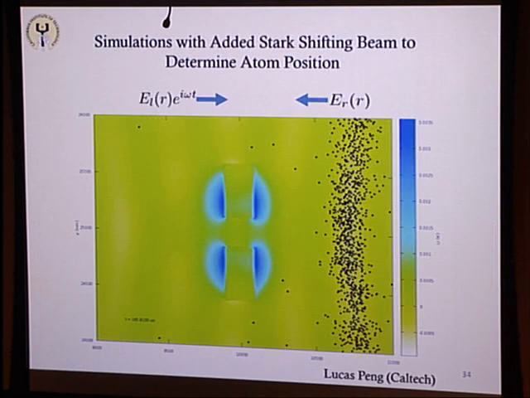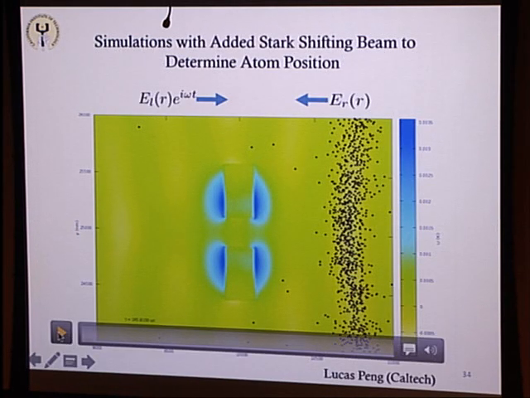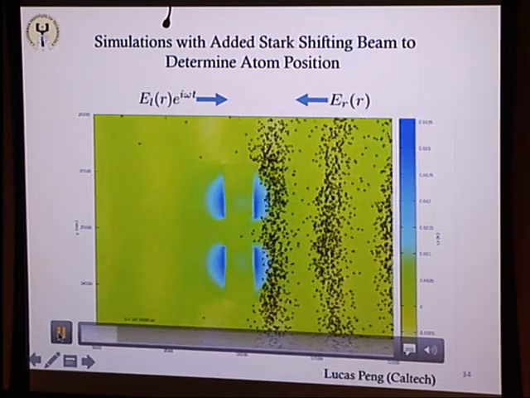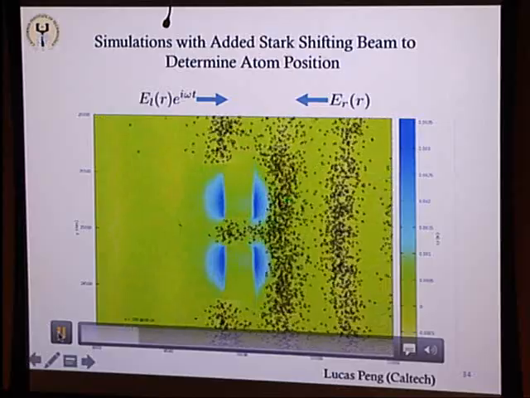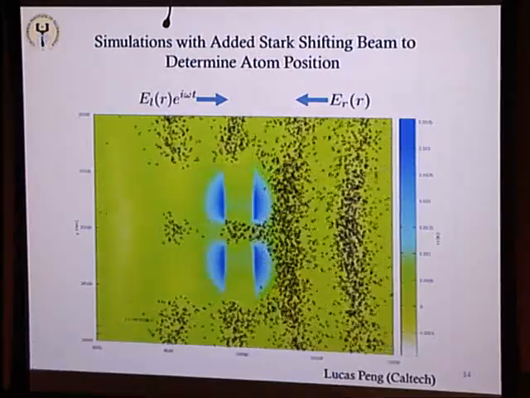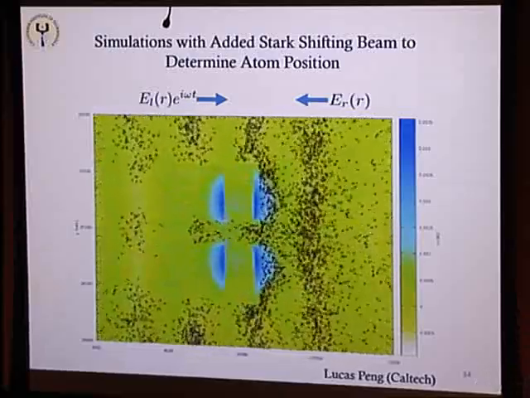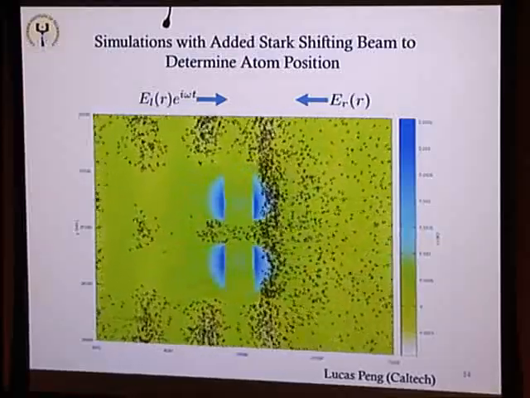And so I have another movie that's maybe much more interesting. The atoms fly in, and this TM mode is on, so they're going to ride up, but at some point they don't have enough kinetic energy to overcome the dipole force that's going to push them away.